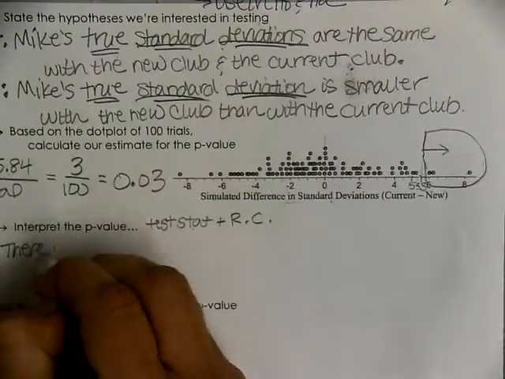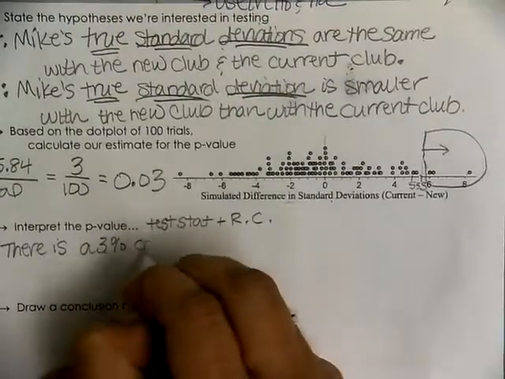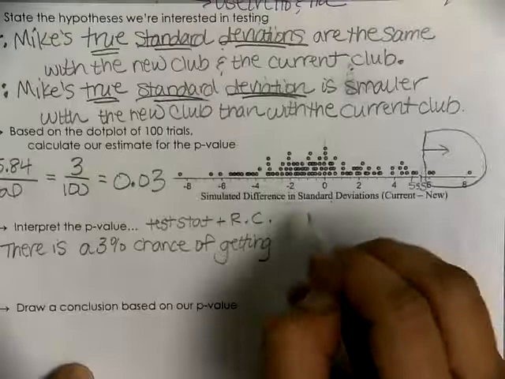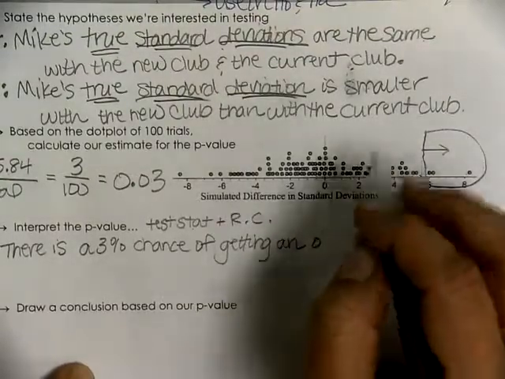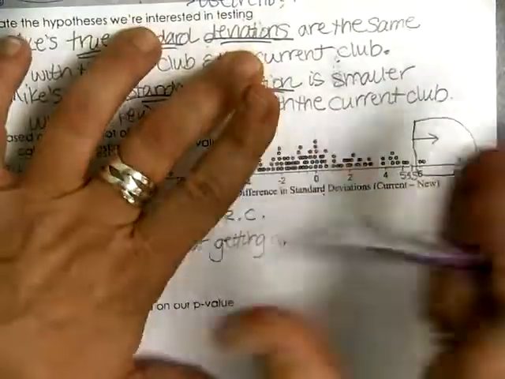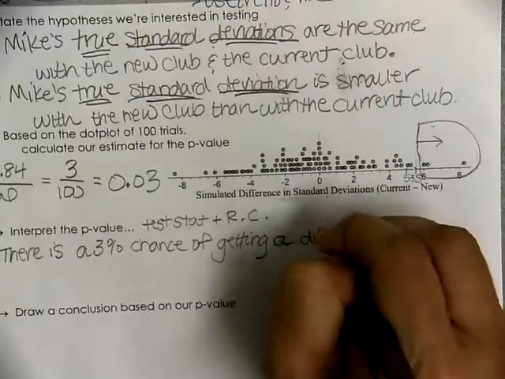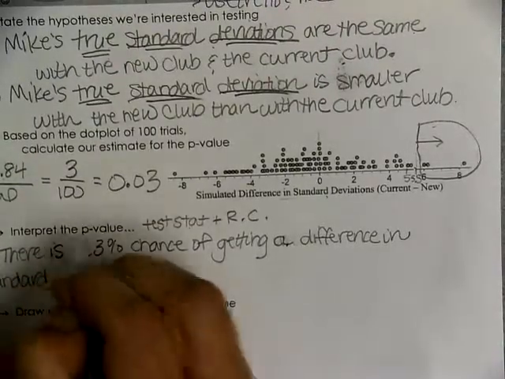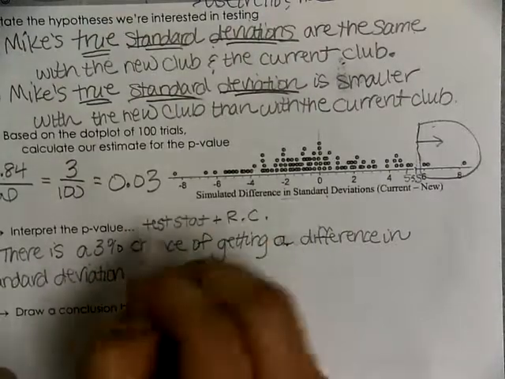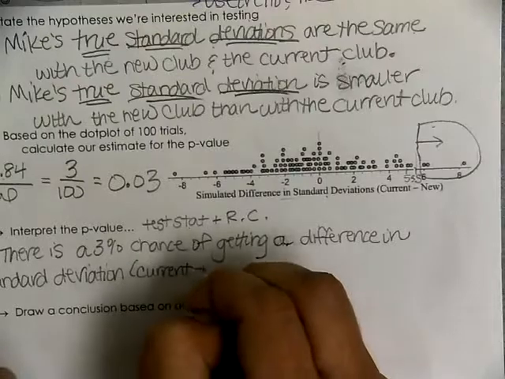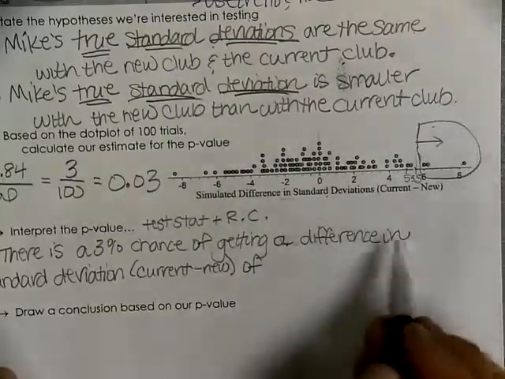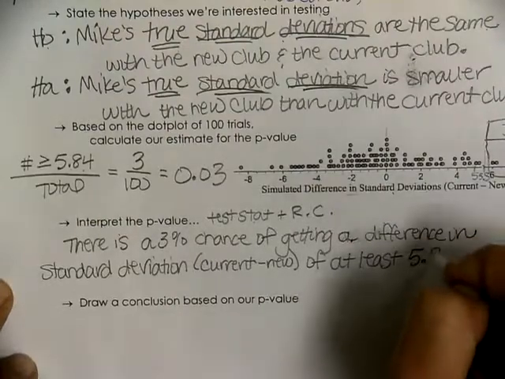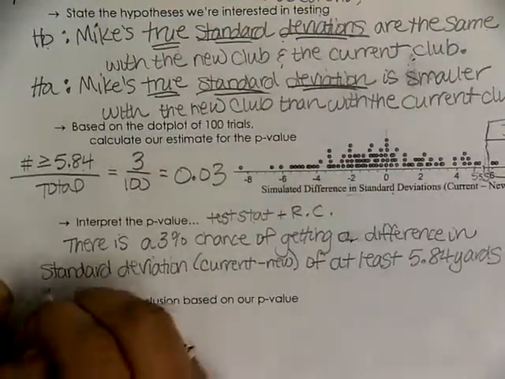So we can say there is a 3% chance of getting this test statistic, of getting a difference in standard deviation, and again we did current minus new, of at least 5.84, just by random chance.